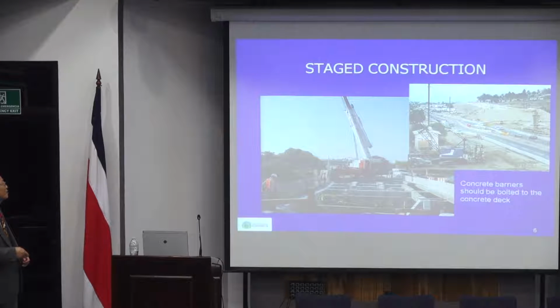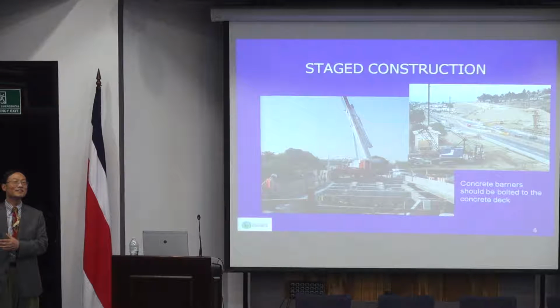This is an overall view of a staged construction. If somebody is new to bridge rehabilitation design, he or she may not know that when we do staged construction, we need a physical separation between the construction zone and the traffic zone. Typically, the traffic zone arrangement is done by the transportation engineer.